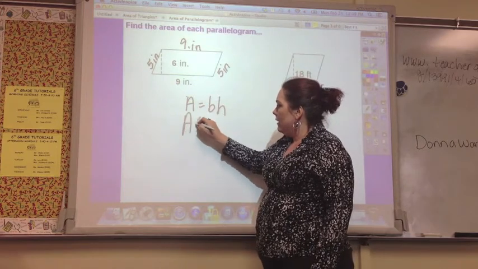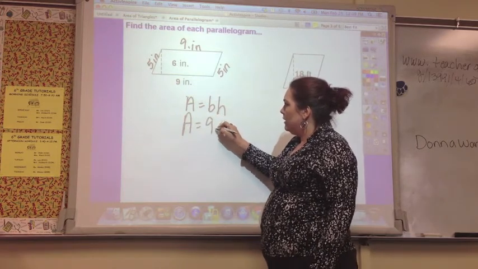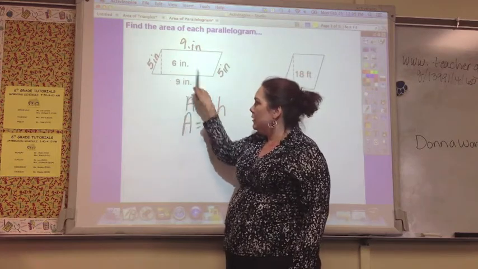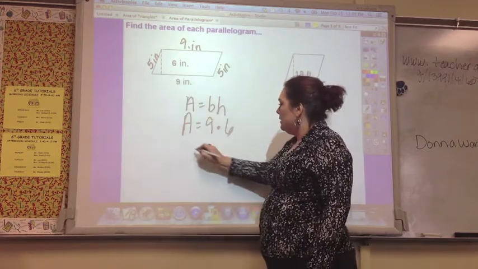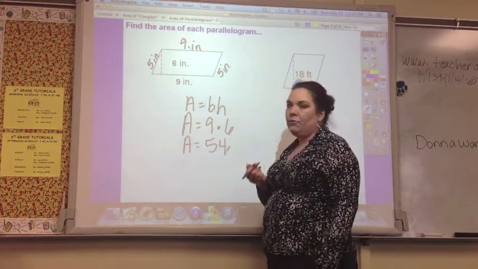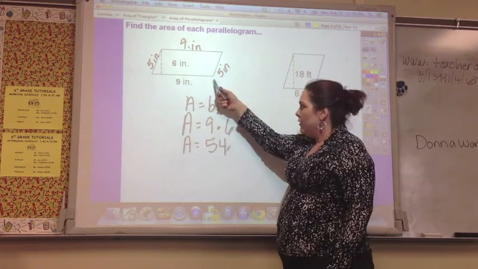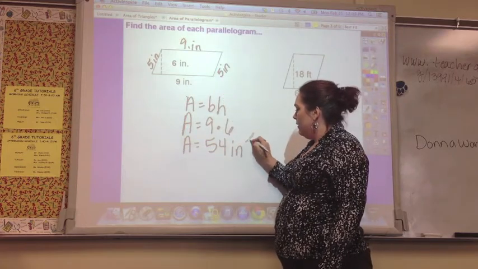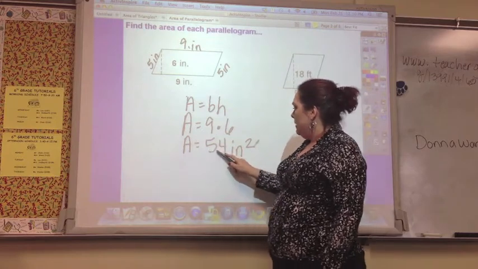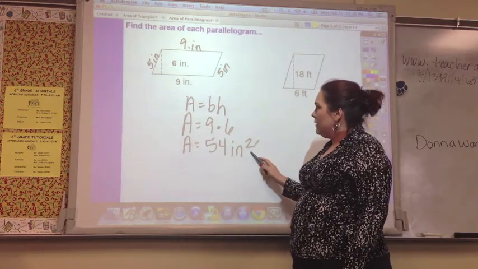So area equals 9 inches times the height, which is represented in here, perpendicular to the base, is 6. And so the area equals 54. Then you want to have your units, which are inches, and they are squared because it is area. So the answer is 54 inches squared.